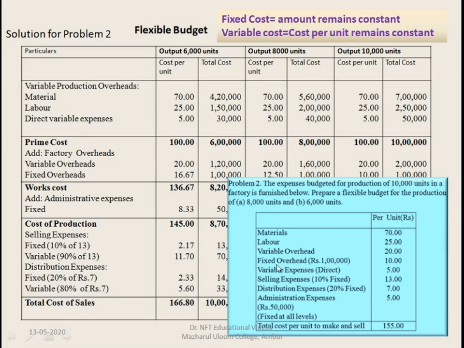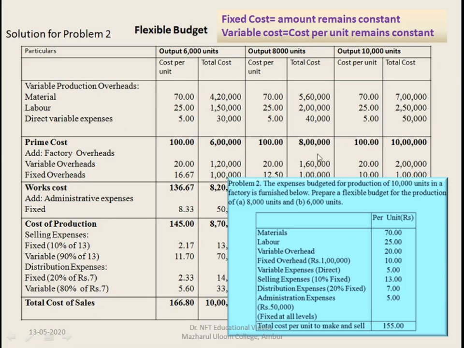Now next one, you are given fixed overhead 1 lakh and variable overhead 20 rupees. So for factory cost, fixed overhead is 1 lakh, which is the total cost given for 10,000 units. In case of fixed overheads, the total amount remains constant.